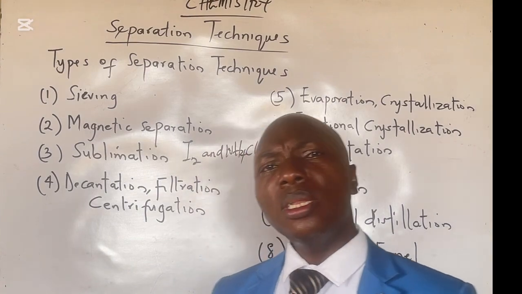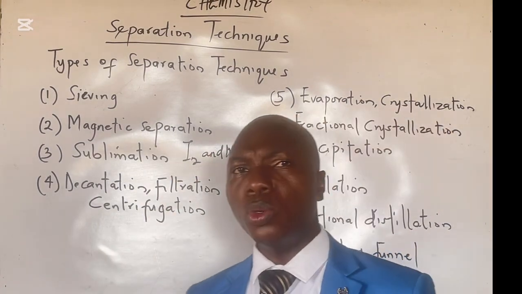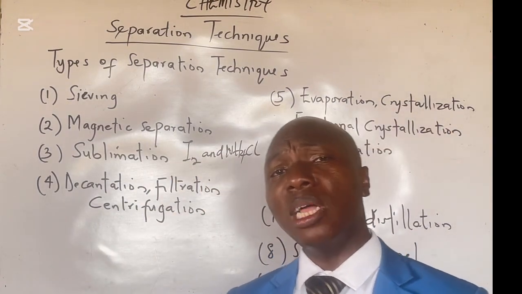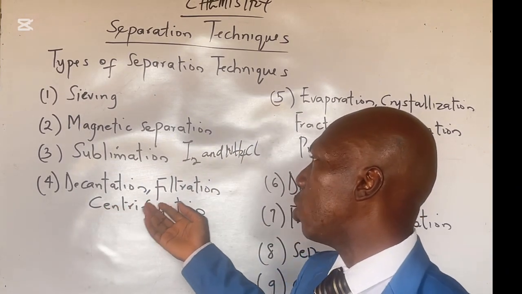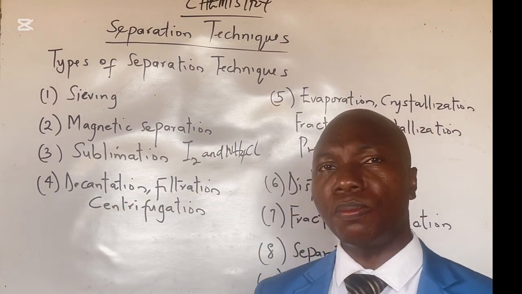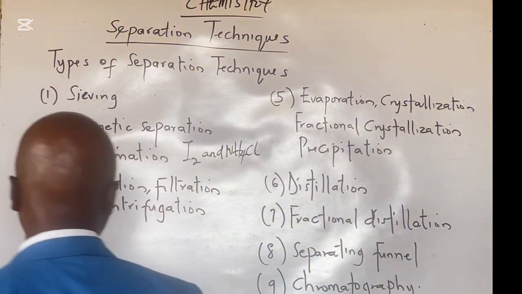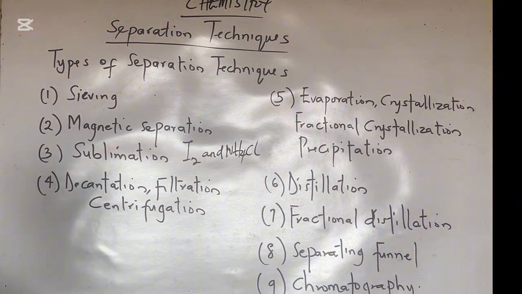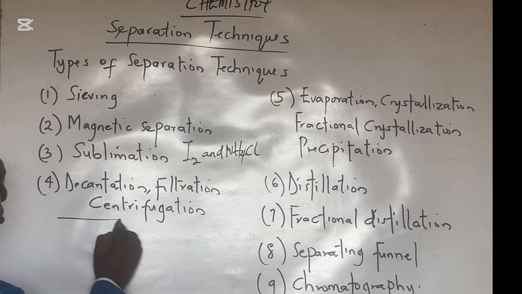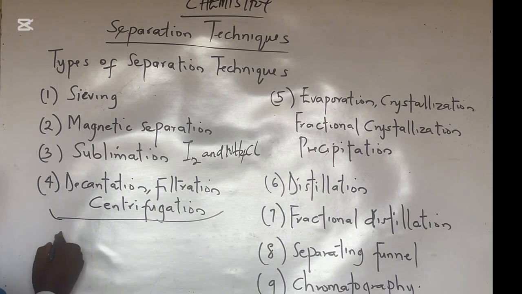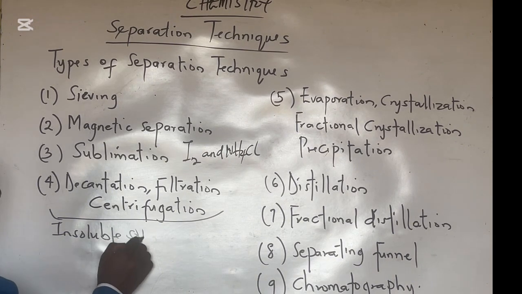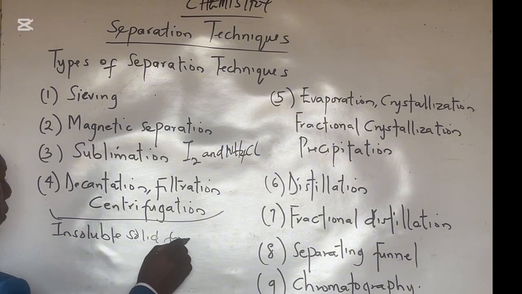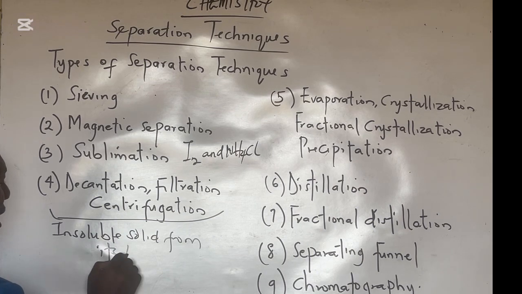After knowing what sublimation can do and substances that can undergo sublimation, iodine and ammonium chloride, we go to decantation, filtration, and centrifugation. These three separation techniques are used to separate insoluble solid from its liquid.